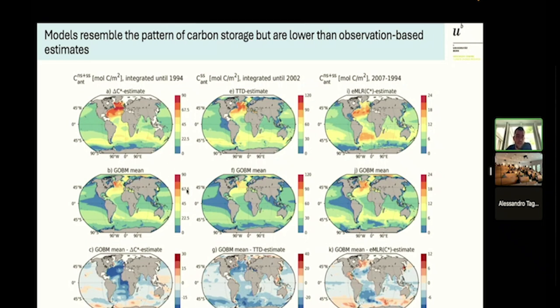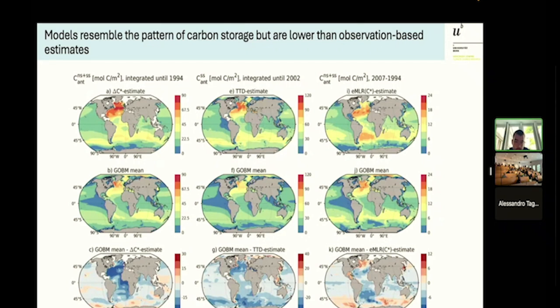And we see that the models show the same patterns, with high storage in the North Atlantic, high storage in the Southern Ocean, and also show kind of an increase in storage from here to here, or from here to here, but it's weaker than the observations. And then we see the differences.